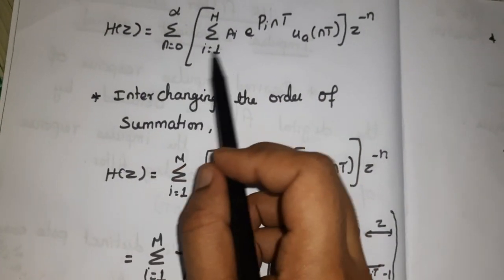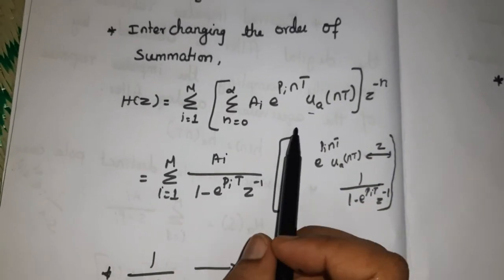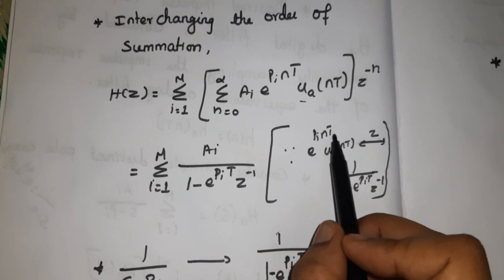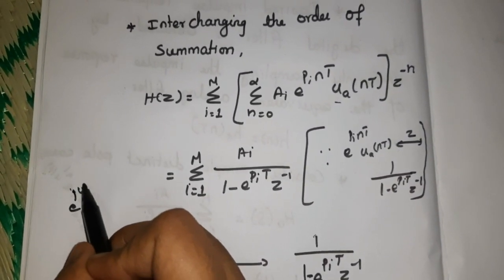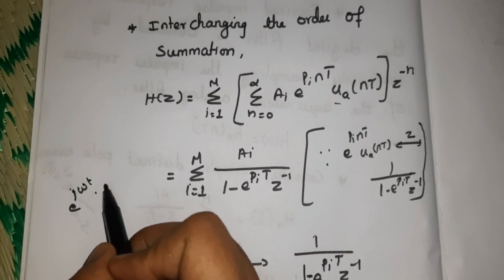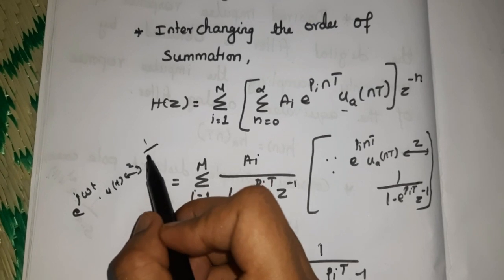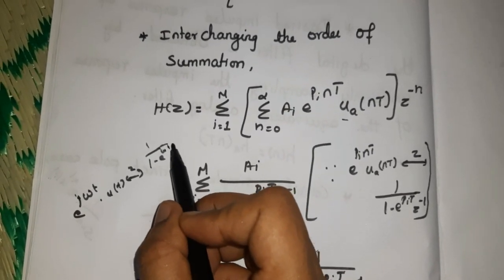We just interchange the order of summation here, and we know the z transform of e power p_i nT, that is e power j omega T into u of n, is 1 divided by 1 minus e power p_i T z power minus 1.